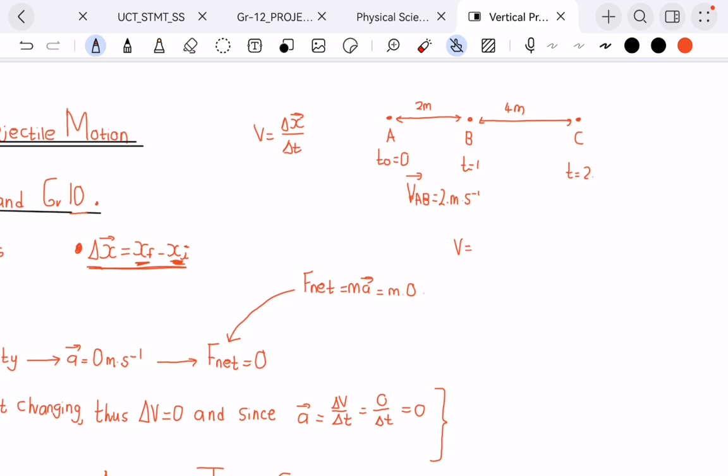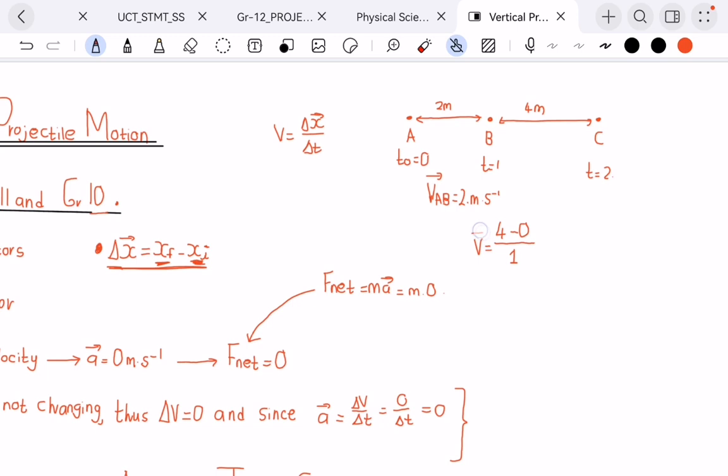So we're checking how fast the person is moving from B to C. So our final position is going to be 4, not 6, because we are taking it as if we are starting from B to C. So it's going to be 4 minus 0 all over, and in this case, it's just gonna be 1 second, because we are taking it as if we are starting from B, right? So then this is going to be equal to 4 meters per second, right?